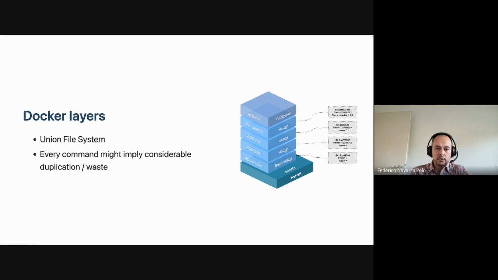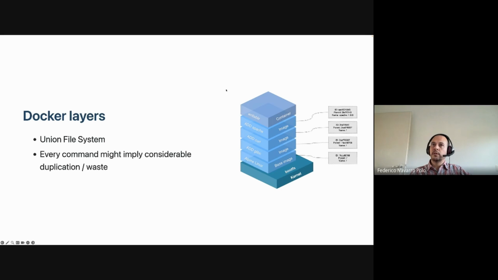And what that means is what you see on the right. So there are multiple layers that compose the actual Docker image. And you have the basic one with basic file system, kernel, and so on. Then you have your base image. And then every command that you add, it represents also a new layer.